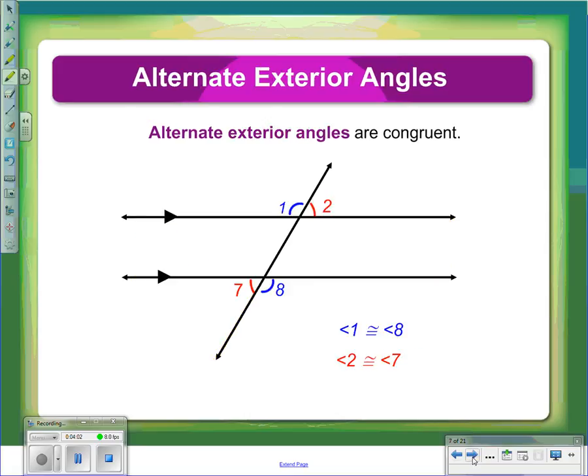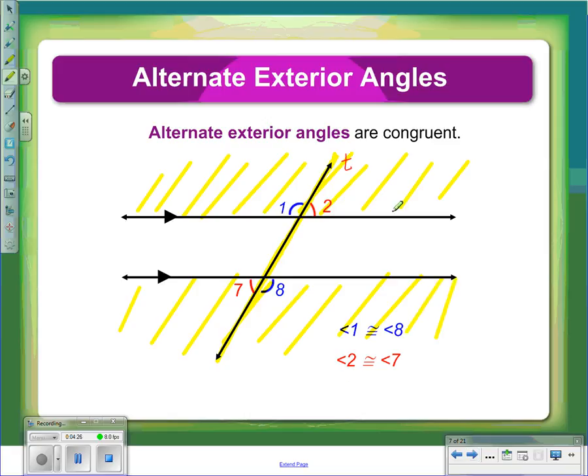We also talked about alternate exterior angles. So if my transversal is the one line that intersects those 2 parallel lines, I'm going to label it the letter T. This time we're talking about exterior angles. That means I'm looking for the angles that are outside of my 2 parallel lines.